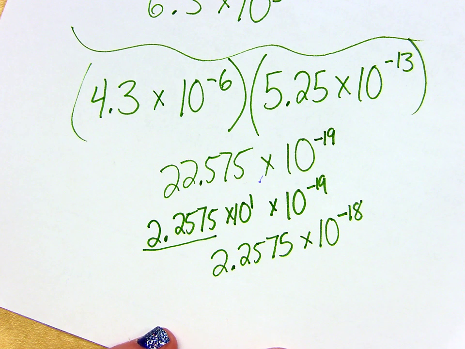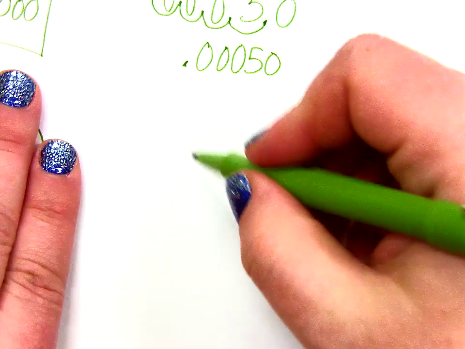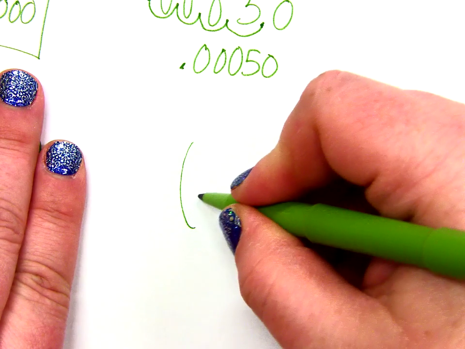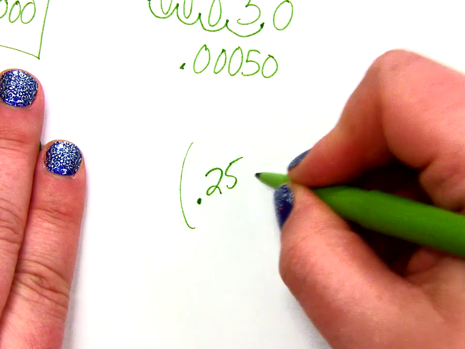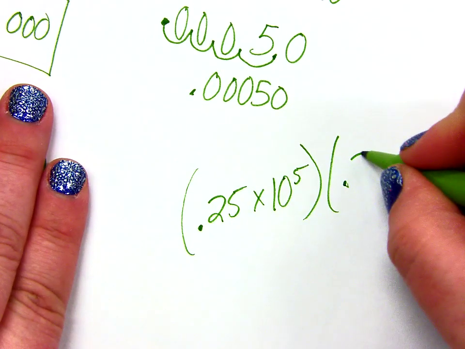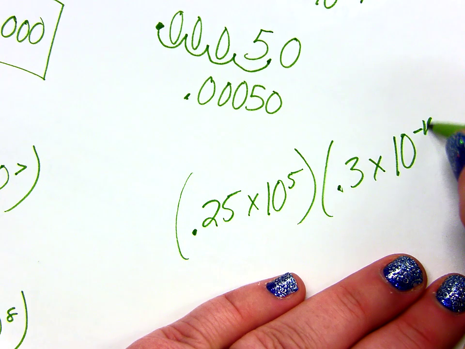Okay, so let's see if we can get in one more example before we go. I'm sure we can. So, say I had 0.25 times 10 to the 5th, and I had 0.3 times 10 to the negative 10th.